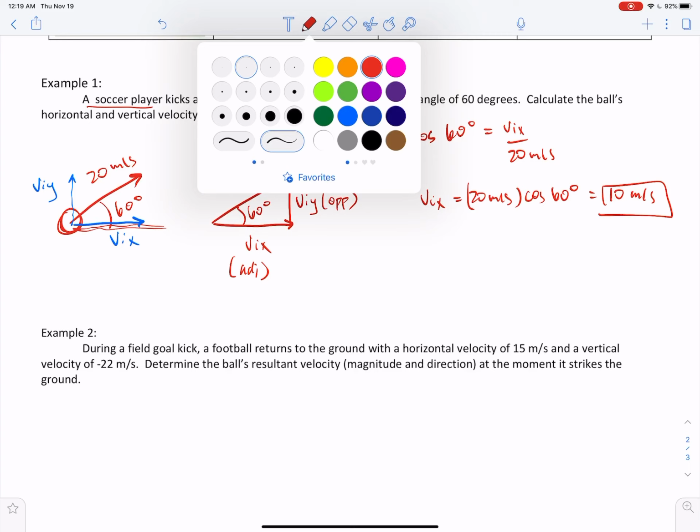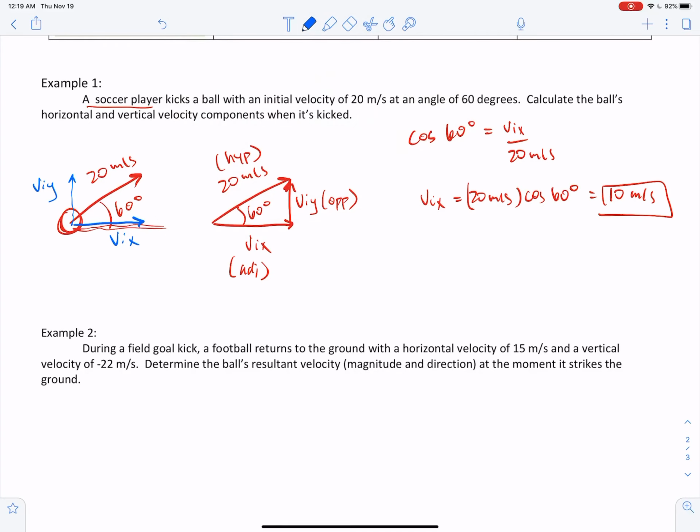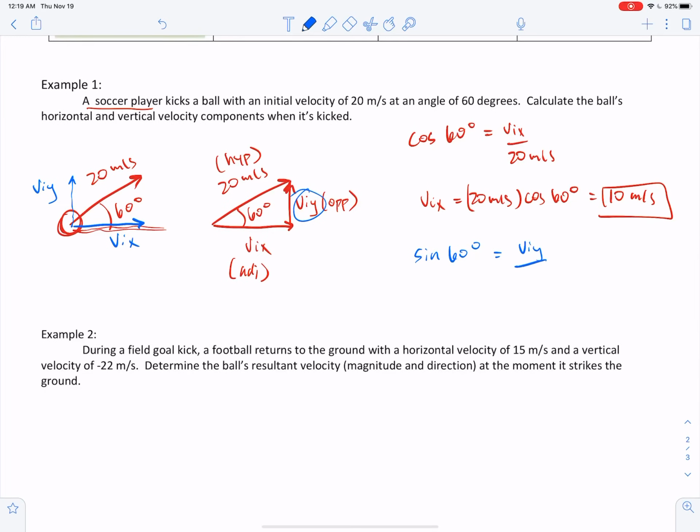And then if I want to find out the VIY, I can use sine of 60 because the sine is the opposite over the hypotenuse. The opposite being VIY, the hypotenuse being 20 meters per second.